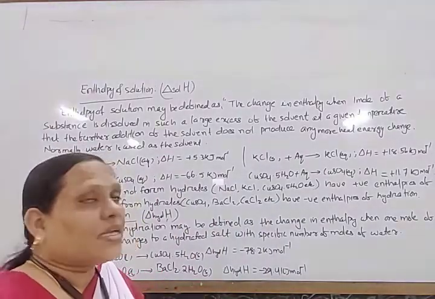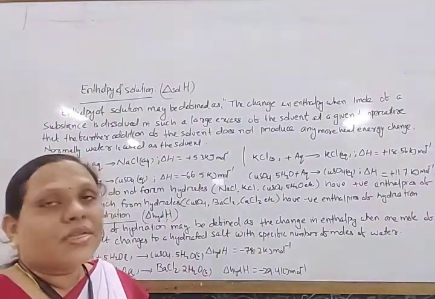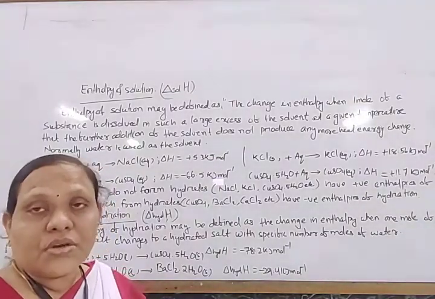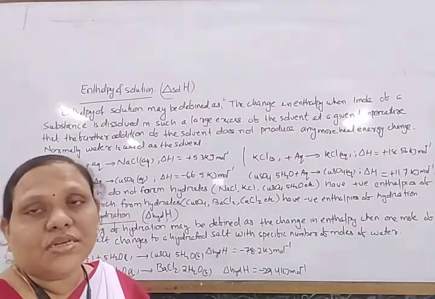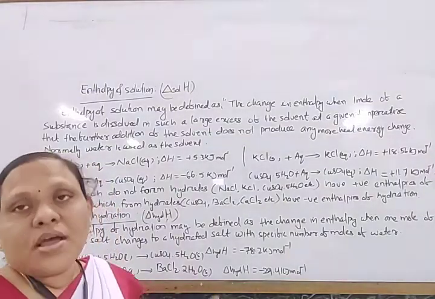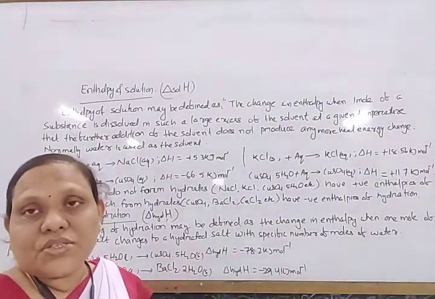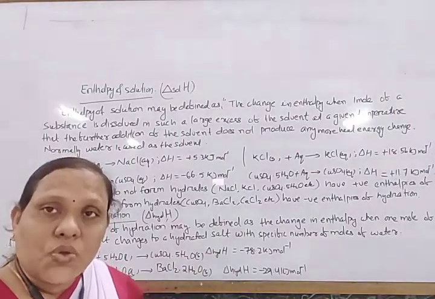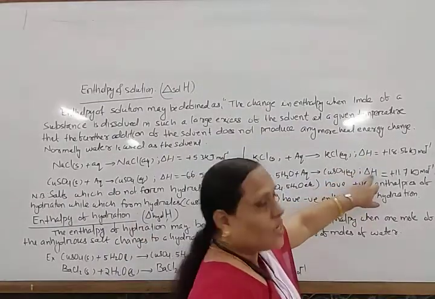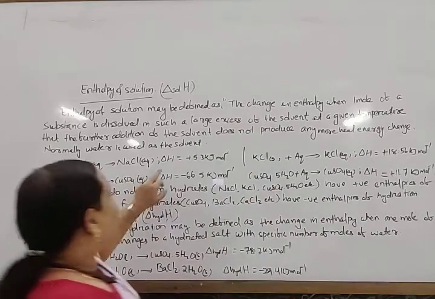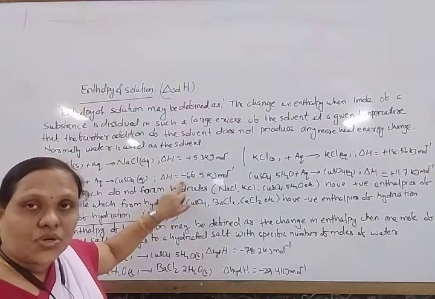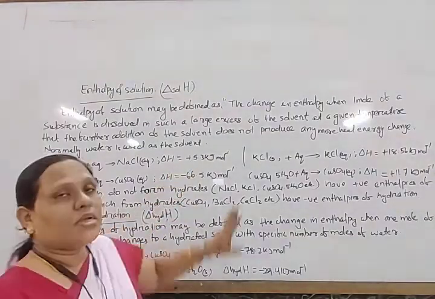Negative means exothermic in nature, and positive means endothermic in nature. So these are endothermic in nature, but this one is exothermic in nature. For exothermic, negative sign; for endothermic, positive sign.